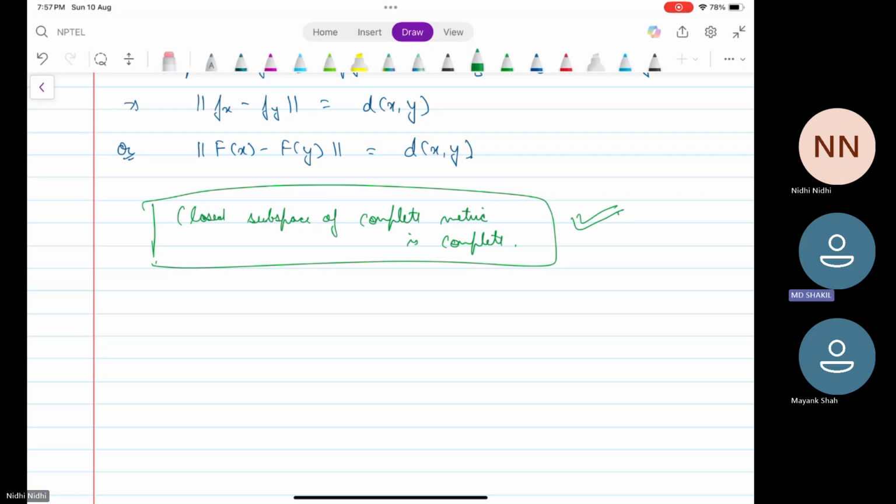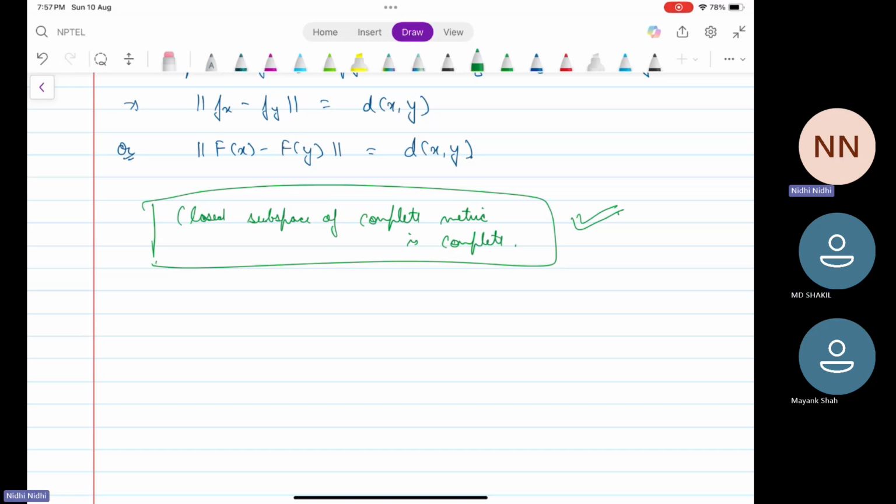Ma'am, in definition 10.22, in the completion of a normed vector space, when we are considering the family of Cauchy sequences on V, that is CS(V), how is it non-empty? Definition 10.22.